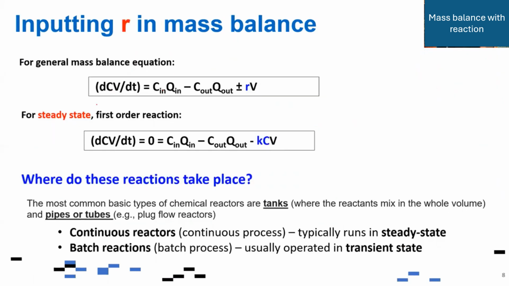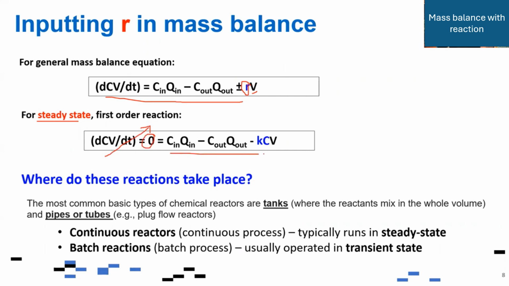Now, let's input the formula for the reaction rate. In this case, it is the mass balance formula. Then we have the reaction rate times the V to make it all in mass flux. For steady state condition, this becomes 0 here.